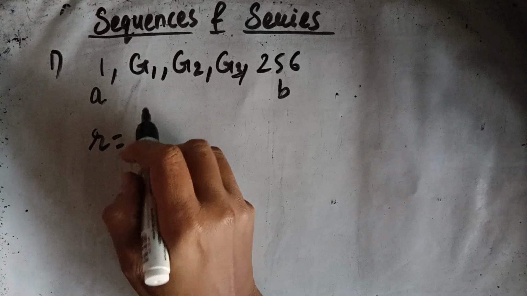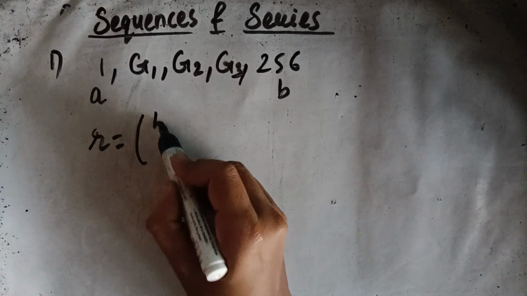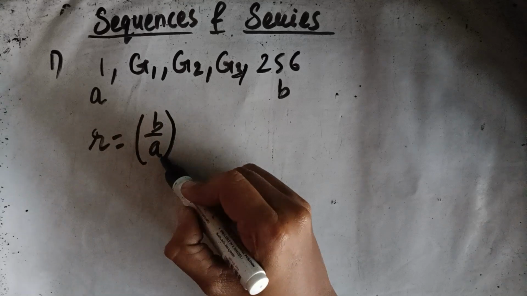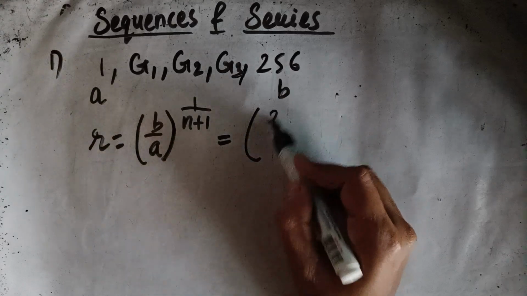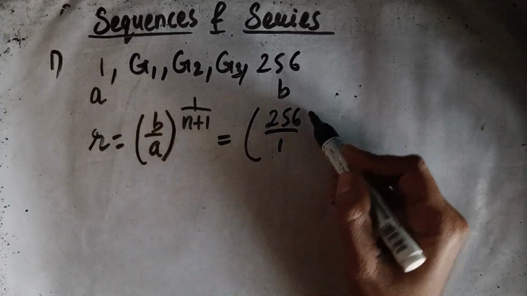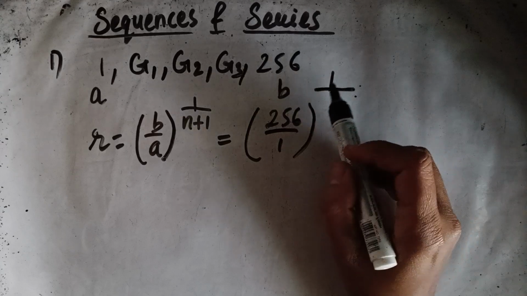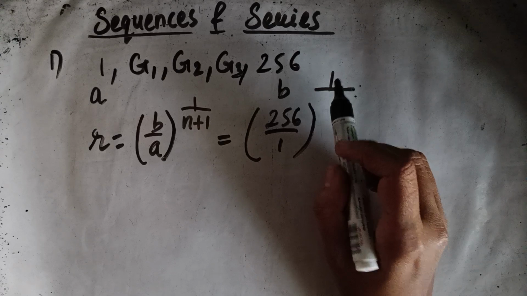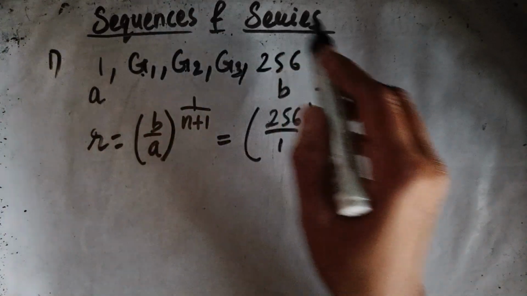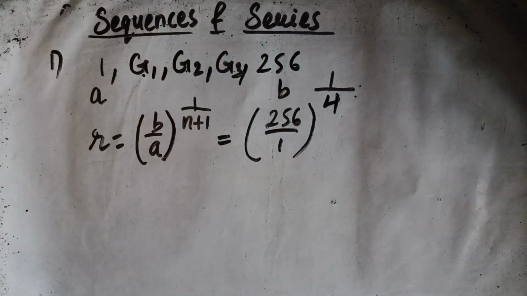r is given by (b by a) raised to 1 upon n plus 1. So b is 256, a is 1. Here three numbers are there, so n plus 1 is 3 plus 1, which is 4.